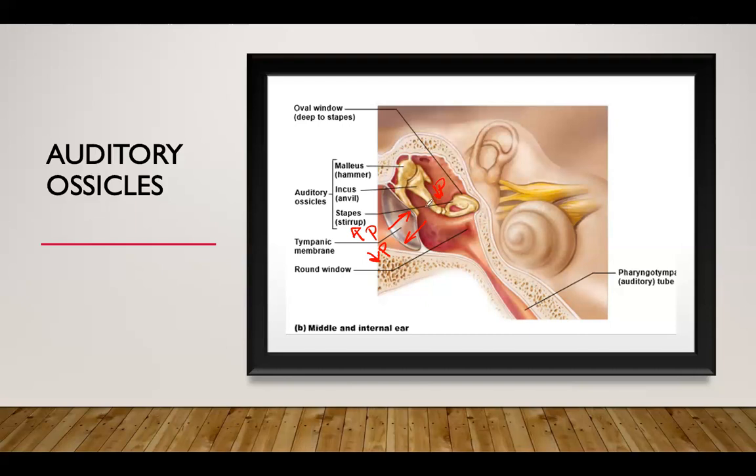As soon as this happens, you have an equal pressure on either side of your tympanic membrane, and the pressure on the tympanic membrane releases, and the ossicles and the membrane can move easily to transfer the vibrations of the sound. So having this tube is really important in terms of equalizing pressure within your middle ear and the atmospheric pressure on the outside.